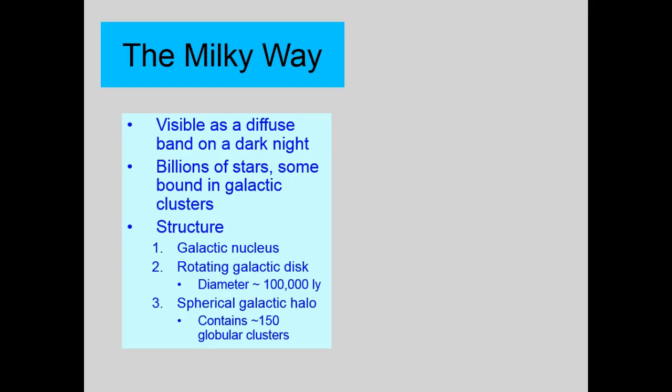The reason it's diffuse: there's so many stars in it, but they're so far away you can't pick them out individually, but they're behind each other and between each other, and it just looks like the old Greeks or them would have thought some god spilled milk across the sky, and they called it the Milky Way.